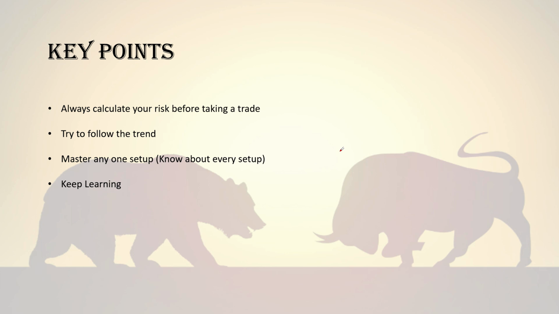You can also plan a trend reversal, but I would rather suggest in your initial time, go with the trend. Know everything, but master one thing. You should know a bit of everything, but master any one setup and take 30, 40, 50 trades on that particular setup. So it will give you a good idea.